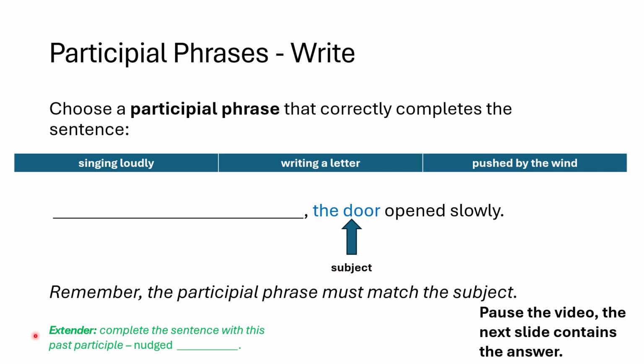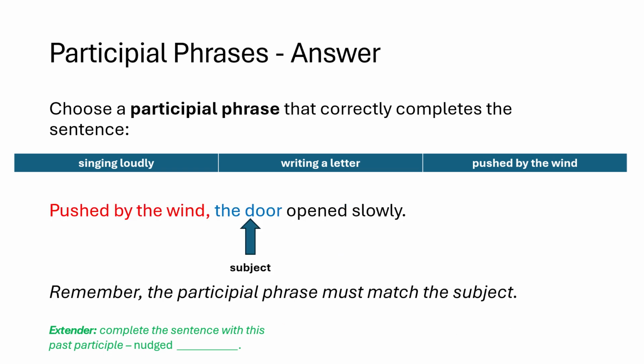Here is the extender. Complete the sentence with the past participle, nudged. Pause the video. The next slide contains the answer. Check your answer. Pushed by the wind, the door opened slowly.